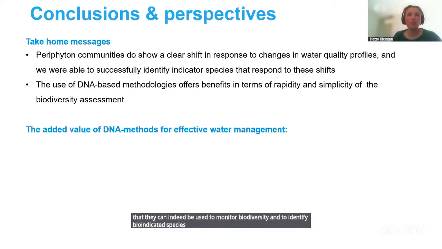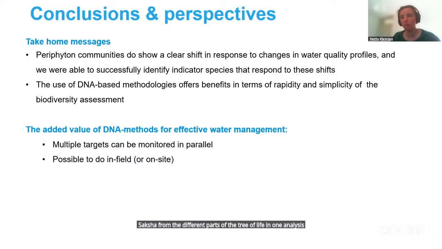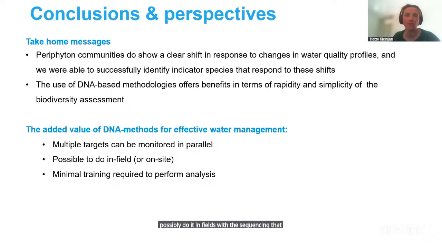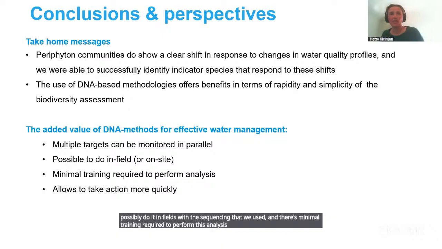The added value of this method for effective water management, as already said before, is that you can monitor multiple taxa from the different parts of the tree of life in one analysis. You can possibly do it in the field with the sequencing that we used, and there's minimal training required to perform this analysis. Altogether, it allows you to take action more quickly whenever a disturbance occurs.